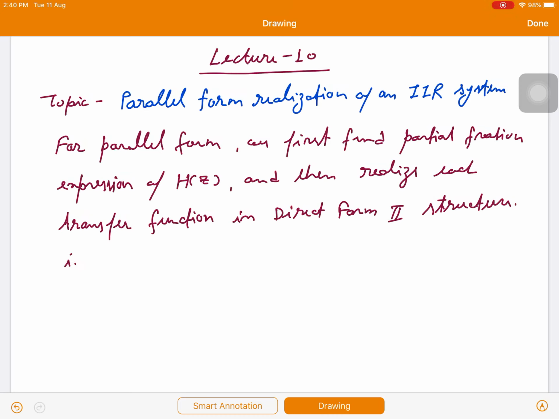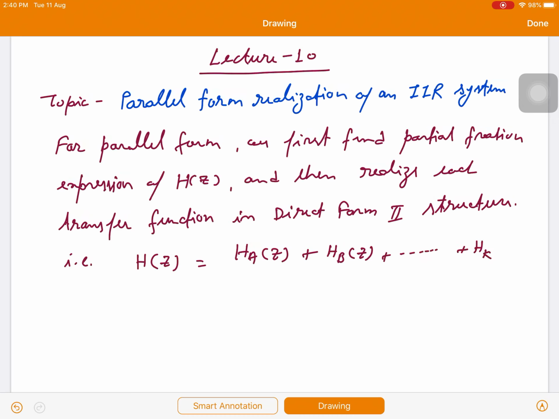So if we have H(z), we have to do partial fraction, and after that we have to realize each partial fraction with the help of the direct form 2. After partial fraction it comes as H1(z) plus H2(z) plus and so on.